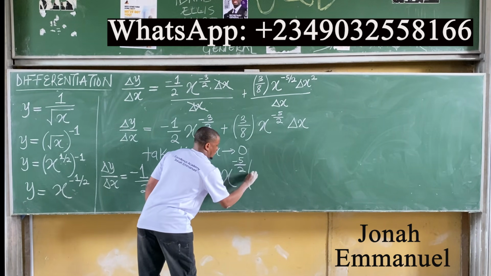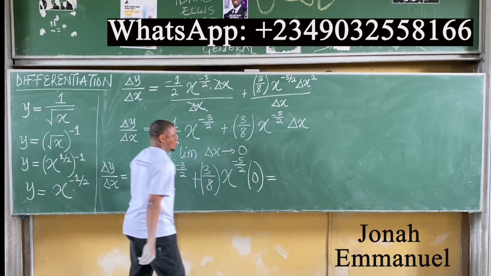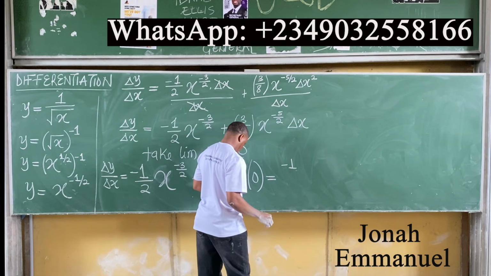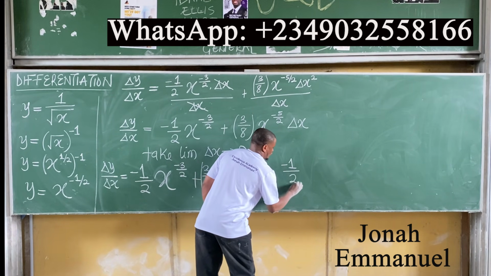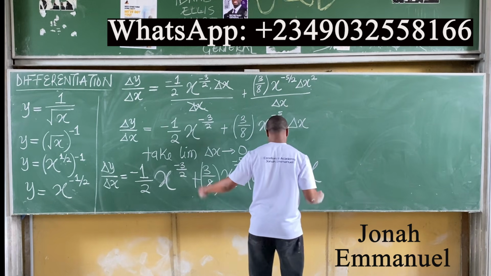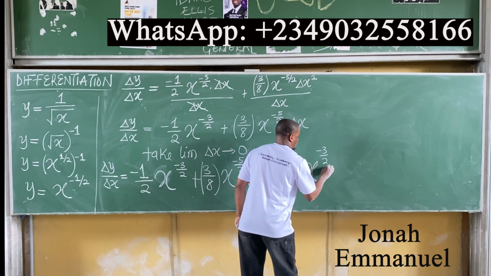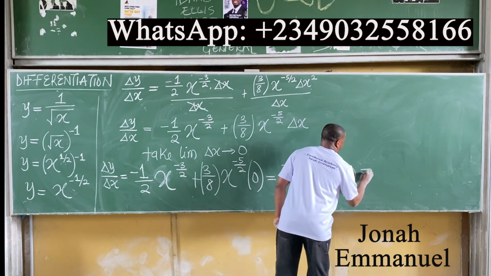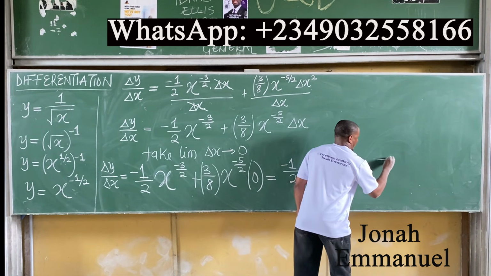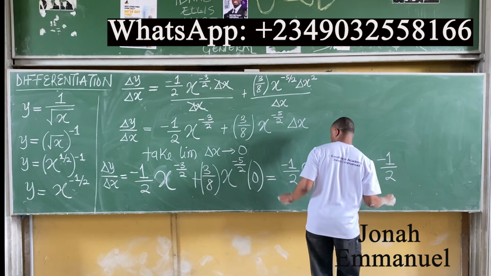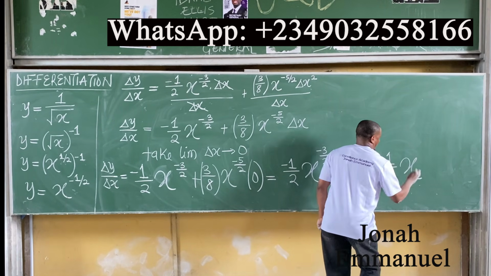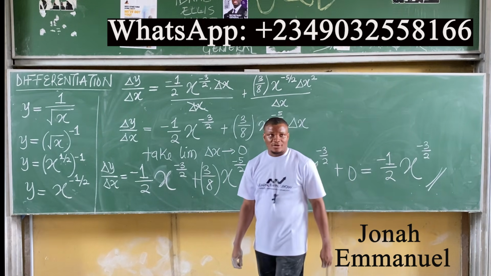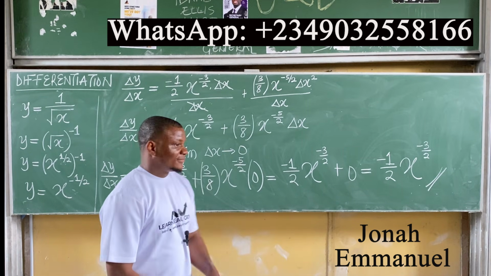This becomes 0. And this is equal to, write this one out. I have minus 1 over 2 x to the power minus 3 over 2 plus this times 0 gives you 0. Final answer: minus 1 over 2 x to the power minus 3 over 2. That was the answer you got. So it's correct.